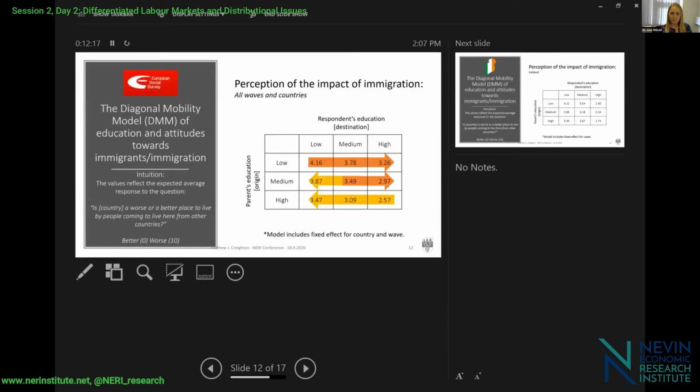Okay, so these are simple predicted values, in that they're the average expected perception of immigration on that 0 to 10 point scale. And then these are through the lens of a model that allows for variation in weighting, meaning that it accounts for the relative importance or influence of parents' education and respondents' education.